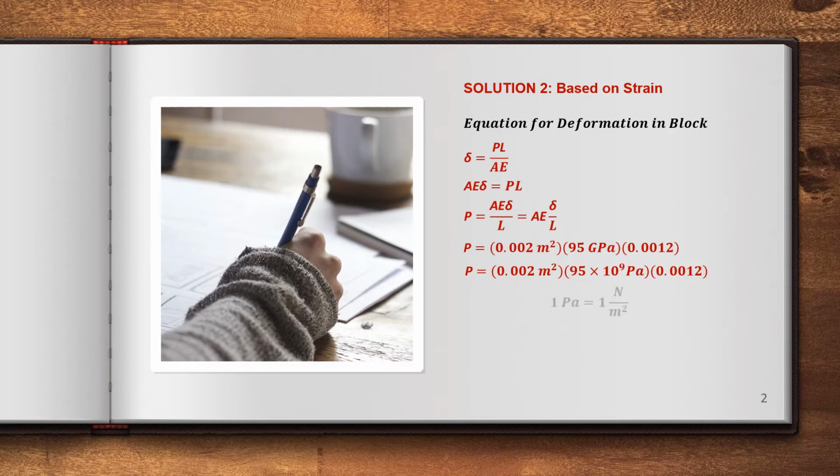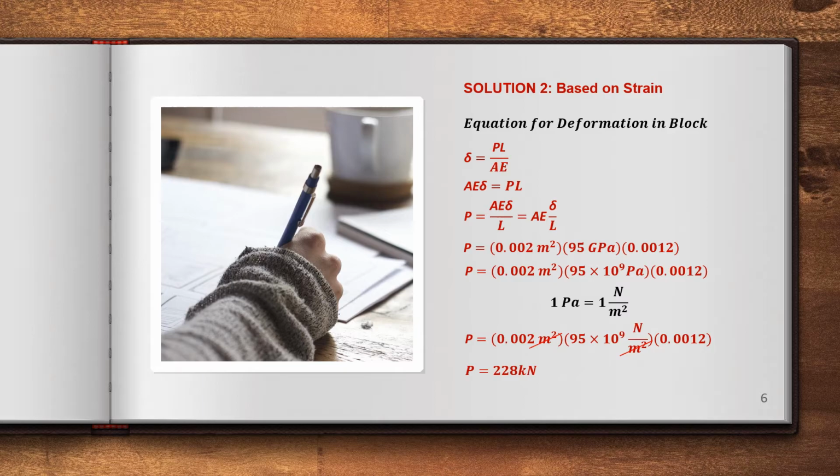Given that 1 Pascal is equal to 1 Newton per meter squared, P is equal to 0.002 meter squared times 95 times 10 to the 9 Newton per meter squared times 0.0012. Then we can omit the meter squared unit, and by inputting this to our calculator, we get this final answer. P is equal to 228 kilonewton.